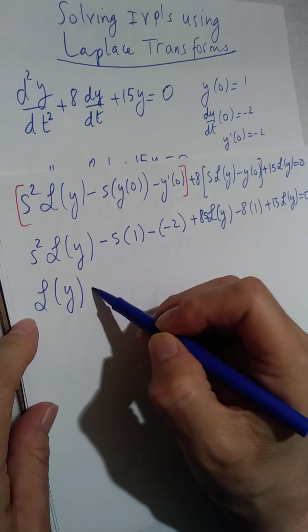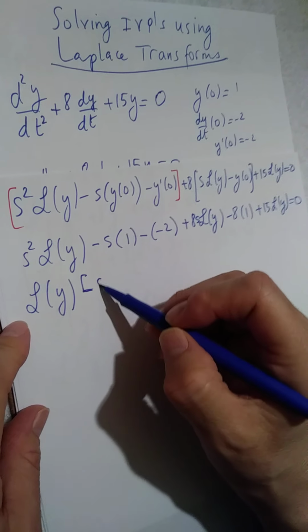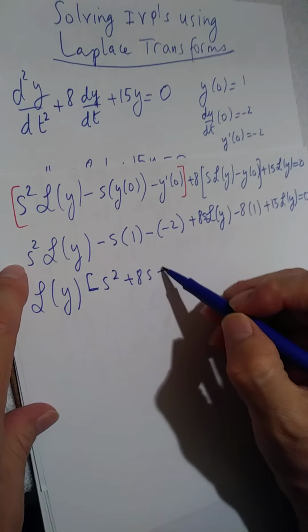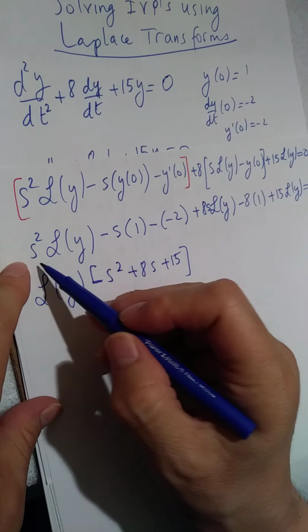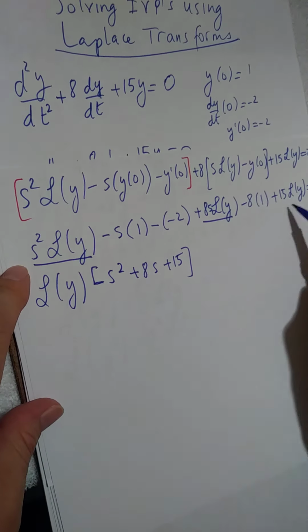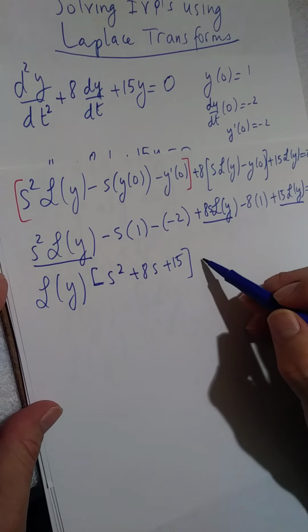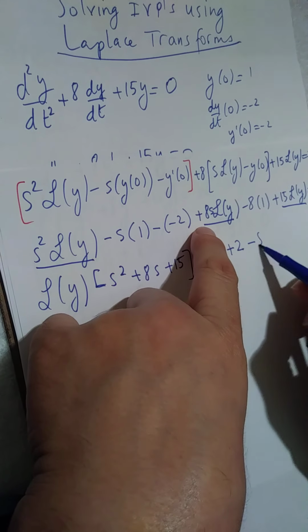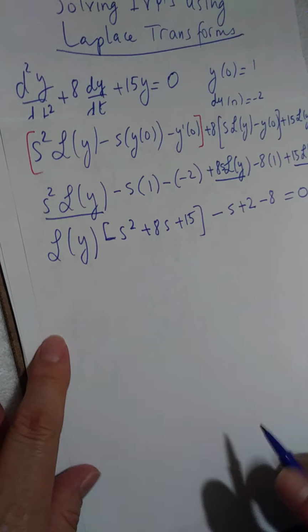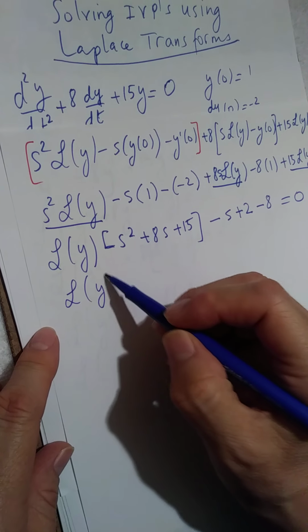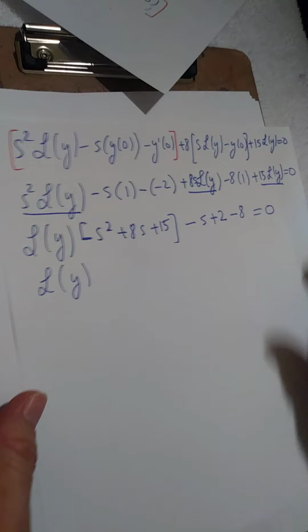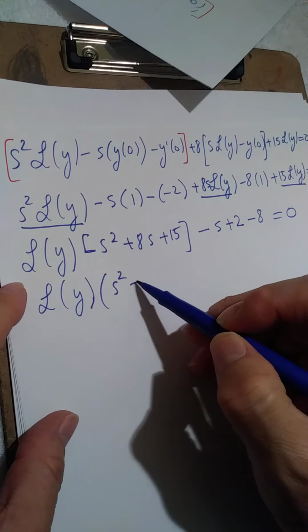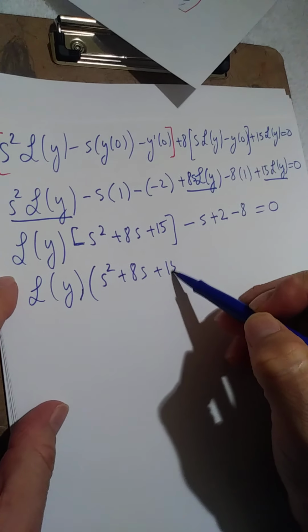Transform of y times s squared plus 8s plus 15. Okay, I've used this term, this one, and this one. All right, minus s plus 2 minus 8 equals 0. All right, so transform of y times s squared plus 8s plus 15.